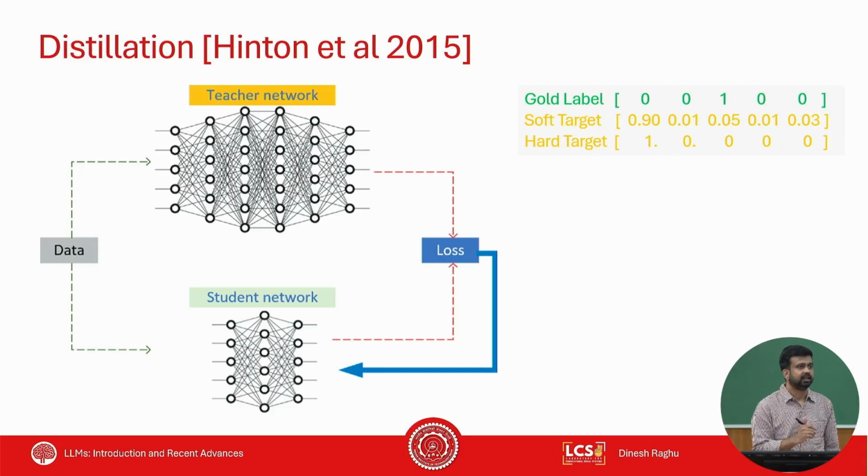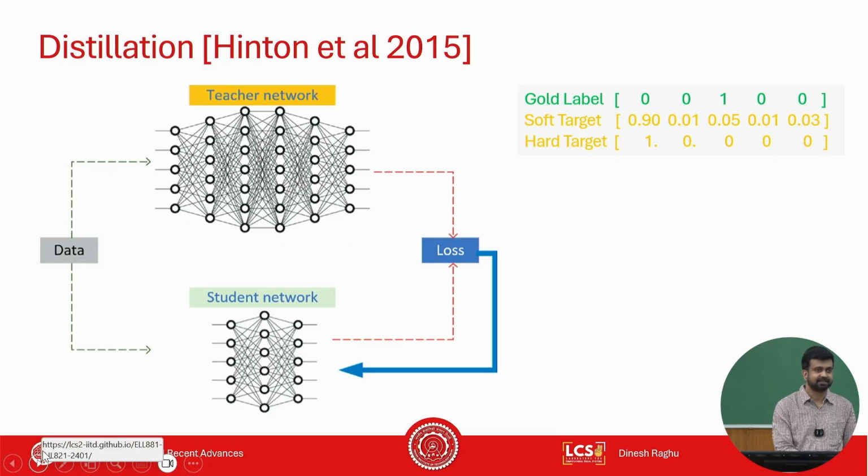But sometimes you don't have access to the probabilities, right? For example, if you're using OpenAI and they're not going to give them to you, they do give them for some cases, but maybe you're doing some complex things and you're not able to get access to those probabilities, you can still do some sort of hard target distillation, although it's illegal, but still.